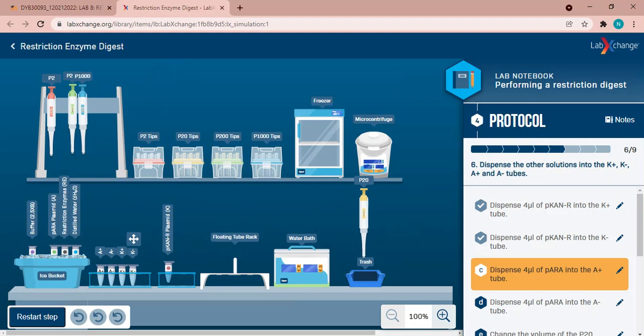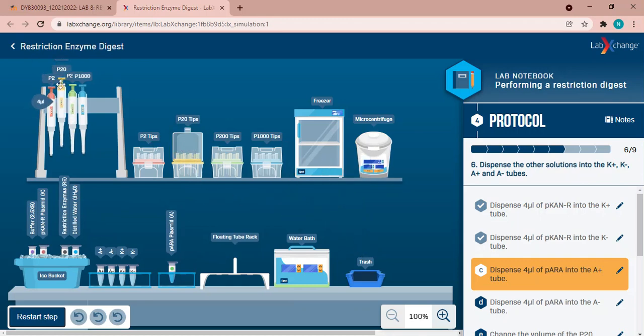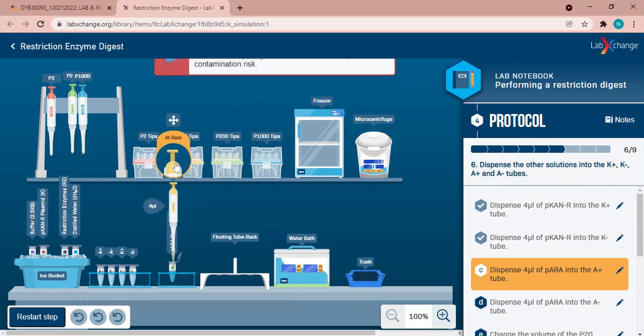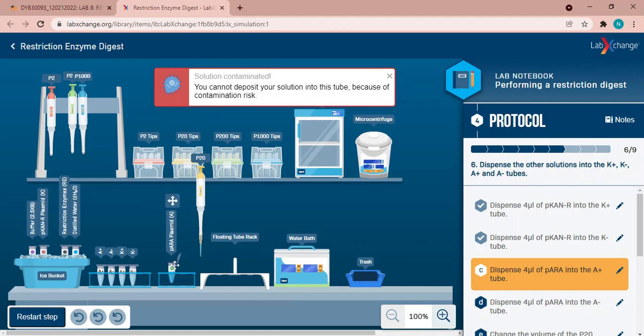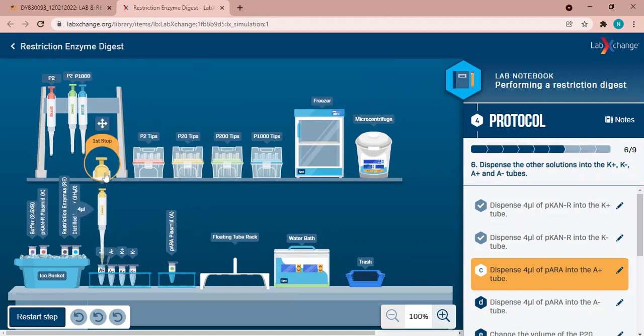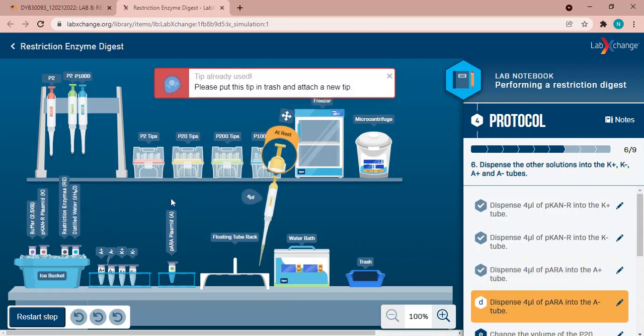Next, dispense 4 microliters of pARA into the A plus tube. Okay.